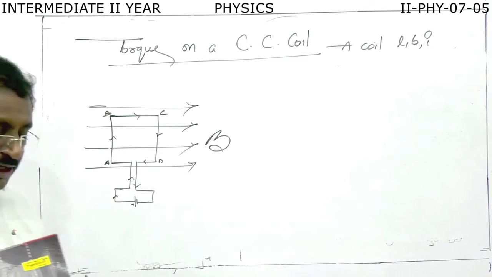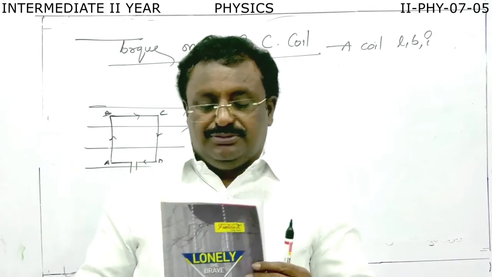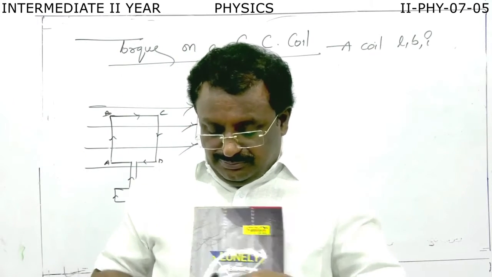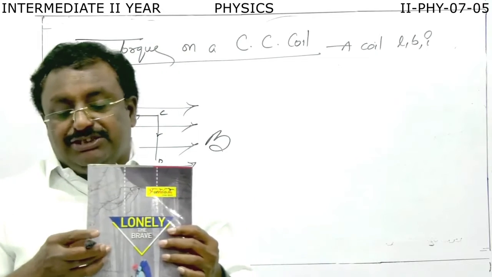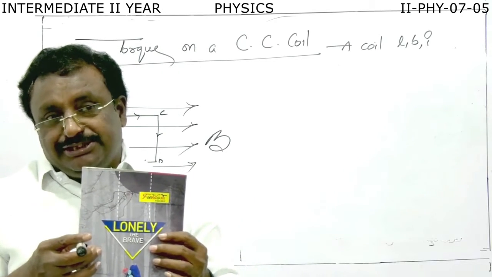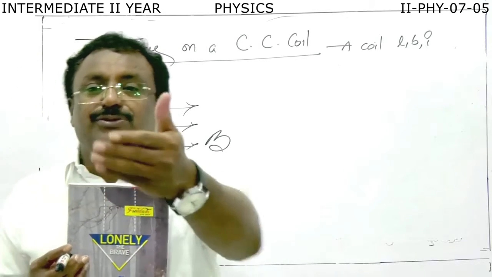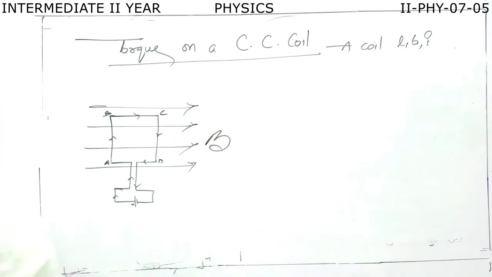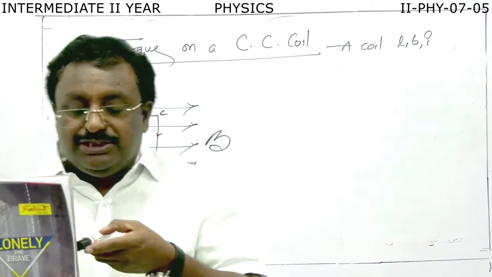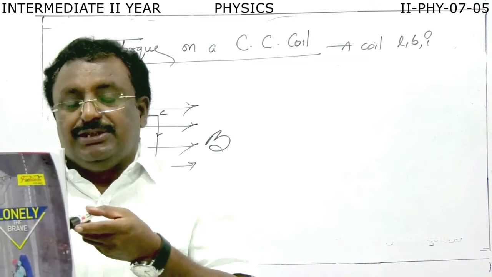If you take a coil in the magnetic field, on one vertical side, the direction of force is perpendicular to the plane of the figure towards you. On the other side, the direction of force is perpendicular but into the board.